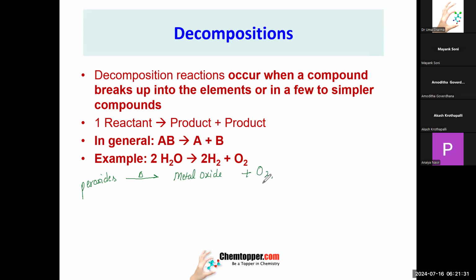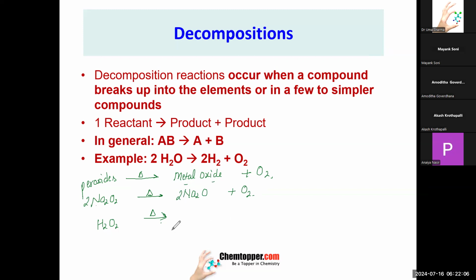For example, Na2O2, heated strongly. What is formed? Metal oxide, sodium oxide. What's the formula of sodium oxide, children? Na2O plus O2. Balance the equation. So you have to put 2 here, 2 here, and it is balanced, correct?